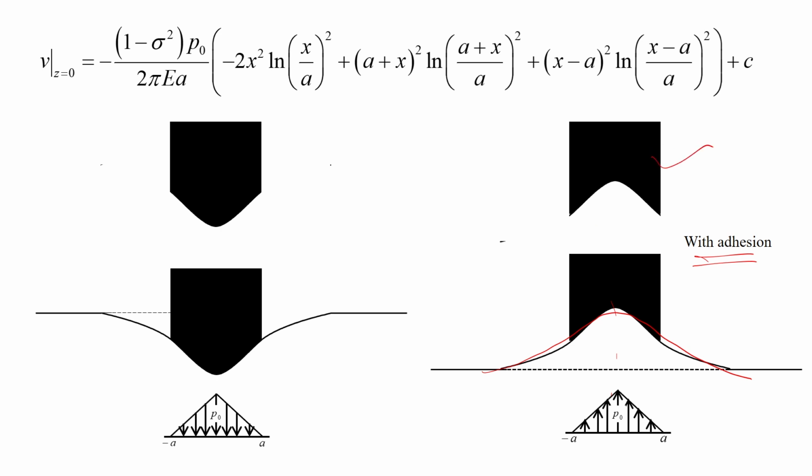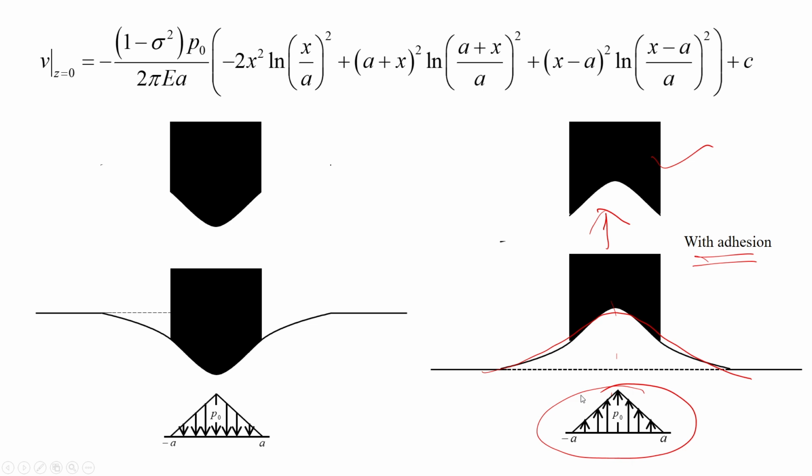Let us say I first bring this kind of indenter in contact with this elastic half space, and there is adhesion between them, and now I try to pull it. Since there is sufficient adhesion, no debonding happens, and as I pull it, the pulling load distribution will be something like this.